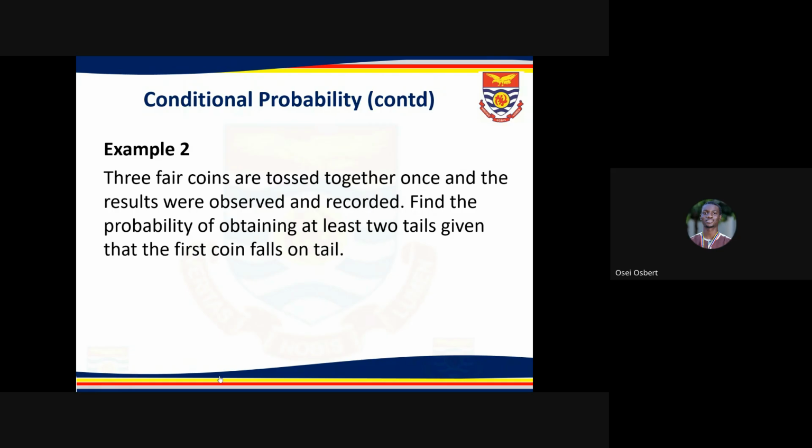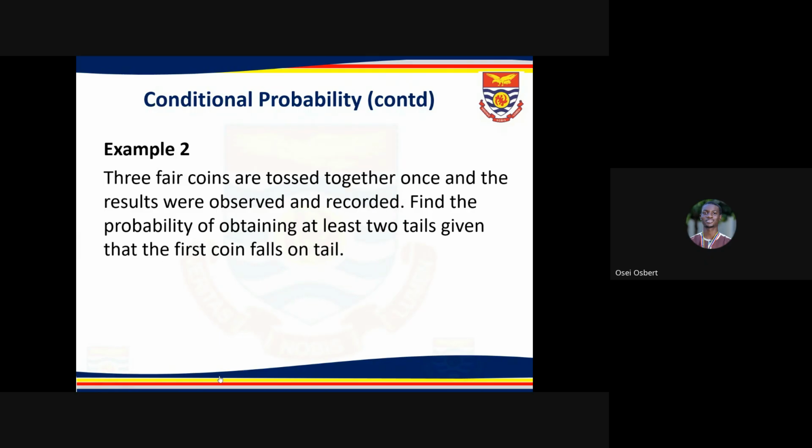Let me see how many people have been able to find responses to it. They are required to find the probability of obtaining.